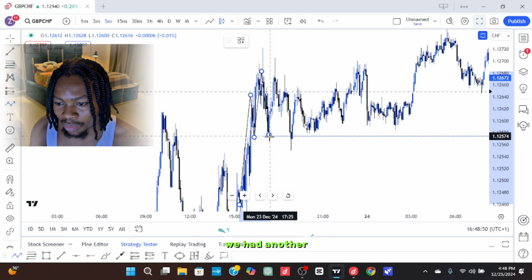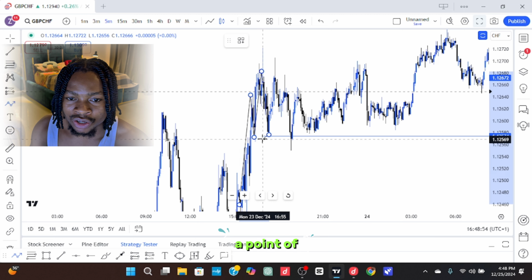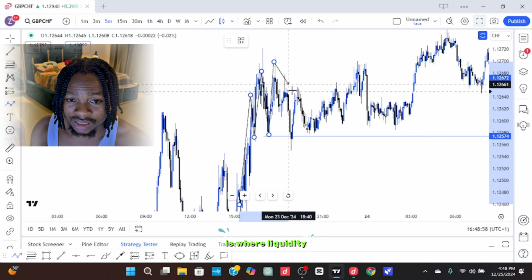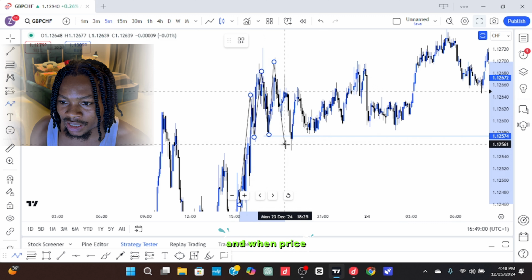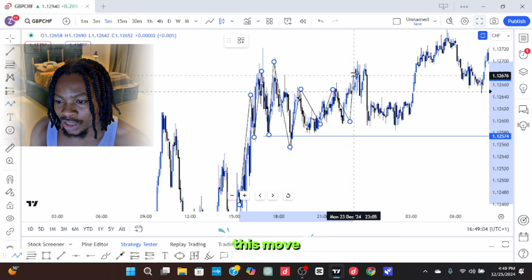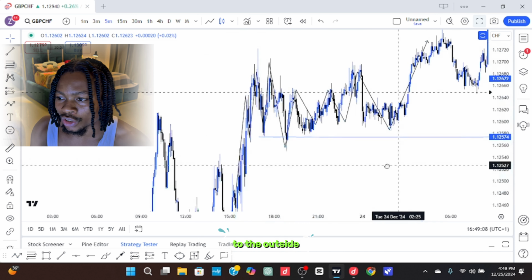We had another buy, and another structure formed, making here a point of interest. So this is where liquidity now lies, and when price came back right here, it took out that low, forcing this move to continue to the upside.